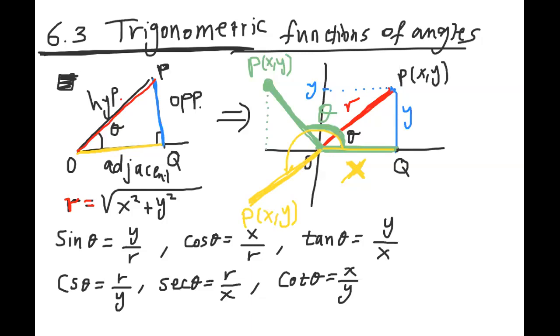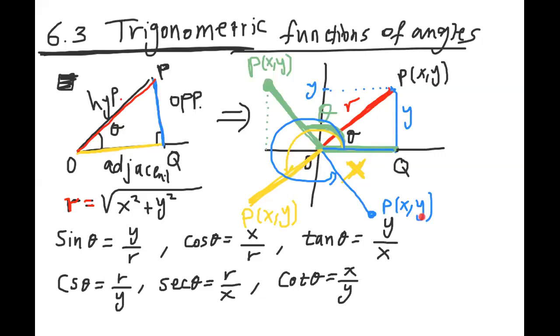But if my angle is in the fourth quadrant, we open it like that and stop at this point. Here the B is x and y. The x here is positive, because look, it is on the positive x-axis.